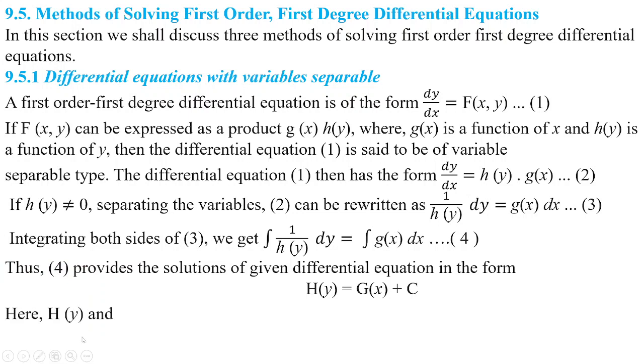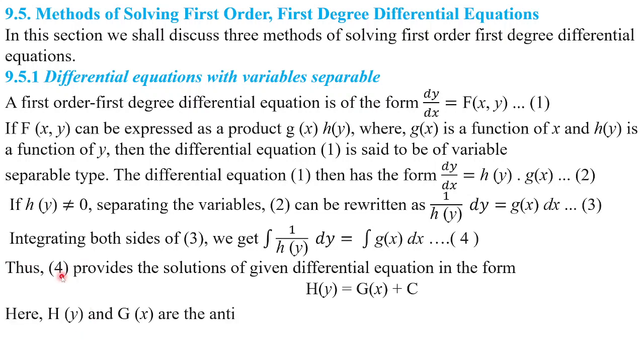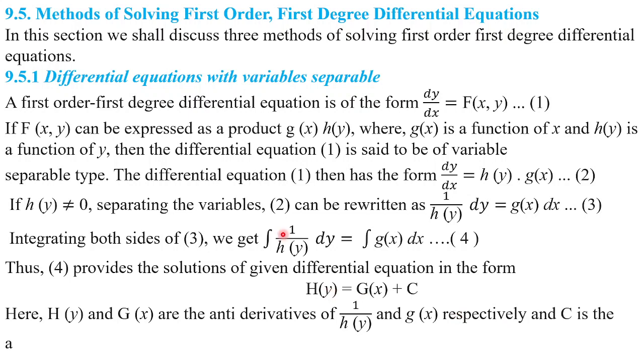Here H of y and G of x are the antiderivatives, meaning integrals, of 1 by h of y and g of x respectively. Here H of y denotes the integral of 1 by h of y dy, and G of x denotes the integral of g of x dx.